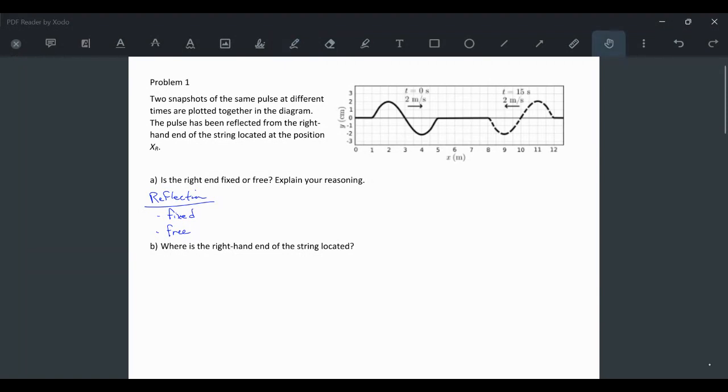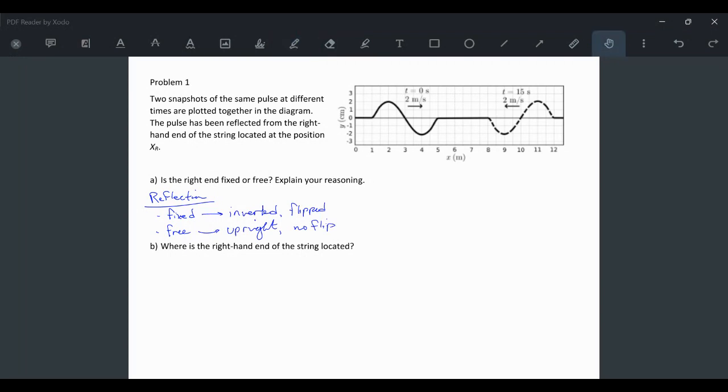And if it's a fixed end, this is a good thing to remember, the details of why aside, the reflected pulse will be inverted, or if inverted is hard to remember, it's just flipped upside down. And if we have a free end, the opposite happens. The pulse is upright, or alternatively, there's no flip, it's the same orientation.